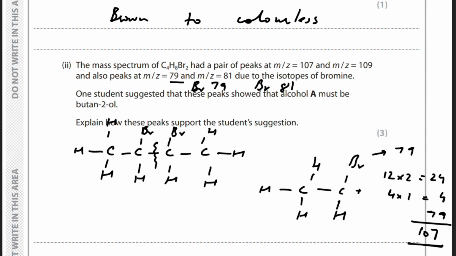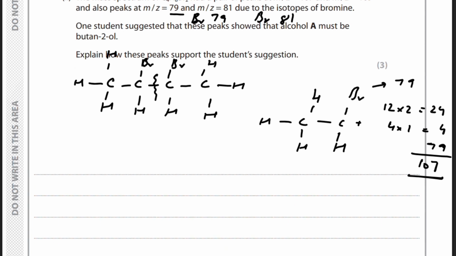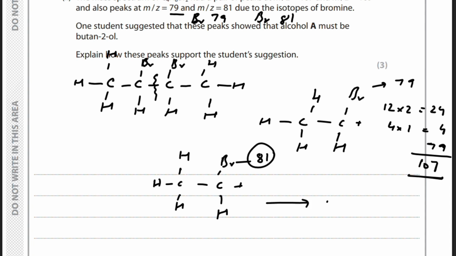And if we take the bromine isotope with mass 81, then the m over z will come to 109. So if the peaks are showing at 107 and 109, it means the fragments break from this position.